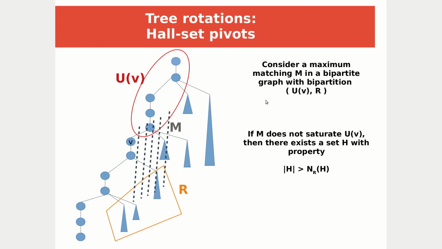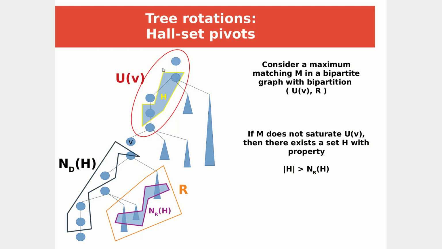Now we consider a maximum matching in a bipartite graph induced by edges with one end in set U(V) and the other end in the set R. That is the matching here between a graph with such bipartition. If the matching M does not saturate the set U(V), then there exists a set H in U(V) that is larger than its neighborhood in set R. From Hall's theorem we know that.